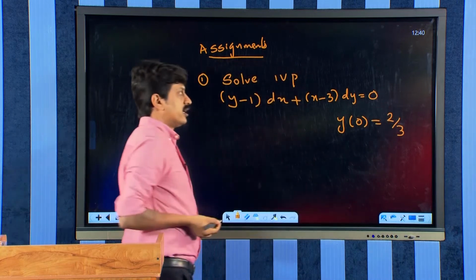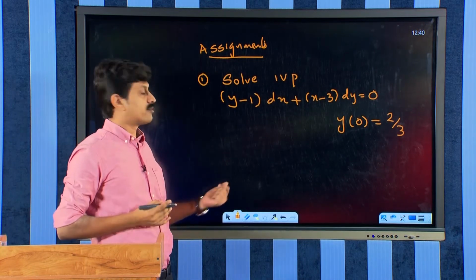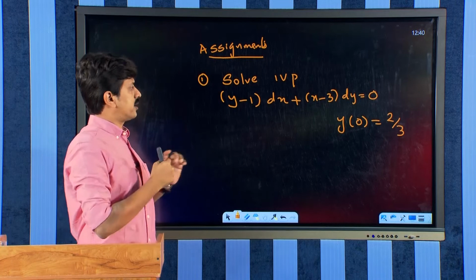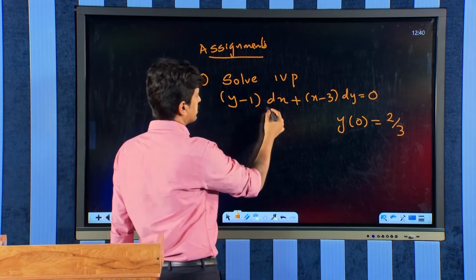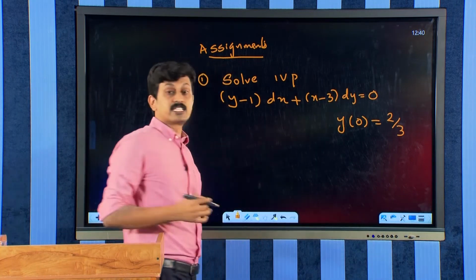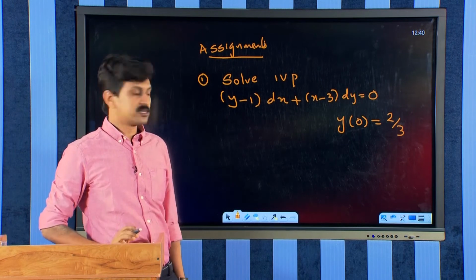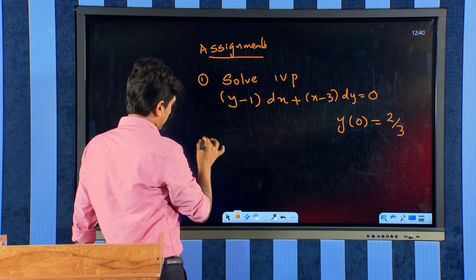Okay, fine. This is a wonderful question of initial value problem and a very simple question. Here y minus 1 is M and x minus 3 is N. Okay, write down one more question.